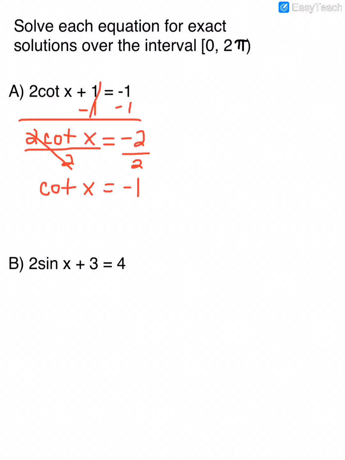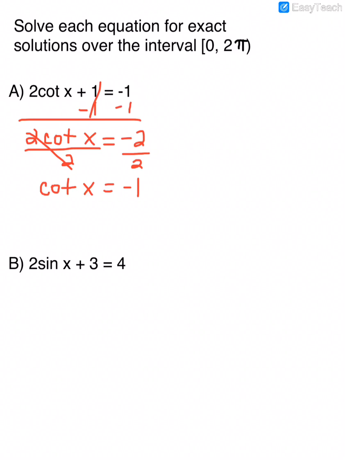Well, cotangent is connected to the x, and so to get the cotangent off of x, we're going to take the cotangent inverse, because the inverse of cotangent is the inverse of the trig function, and inverses undo each other. Inverse operations such as multiplication and division undo each other. Addition and subtraction undo each other.